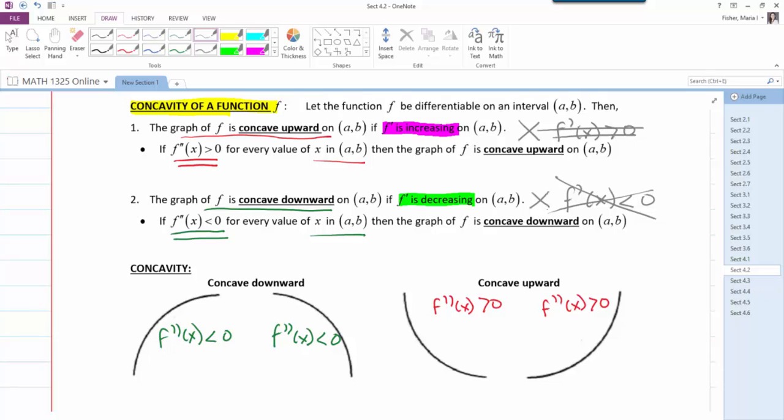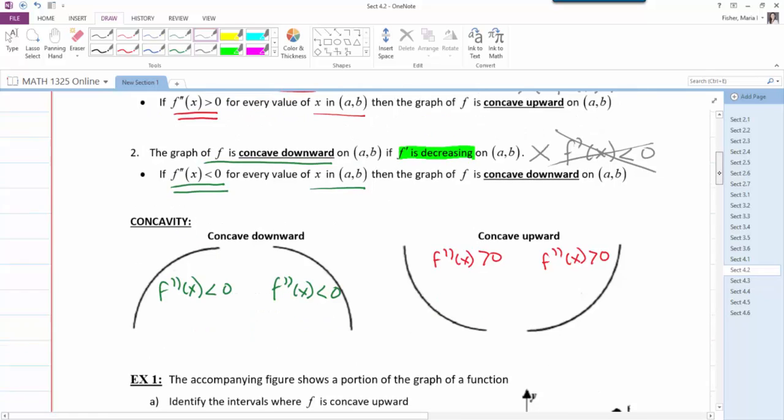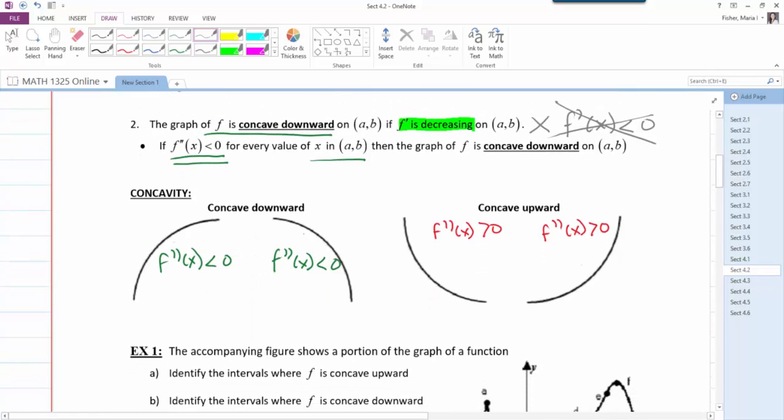So you look at these 4 different things that I've broken up in concavity. Anytime you are concave downward, it means that your second derivative is less than 0. And anytime you're concave upward, it means that your second derivative is greater than 0. But I've broken it up a little bit more than that.